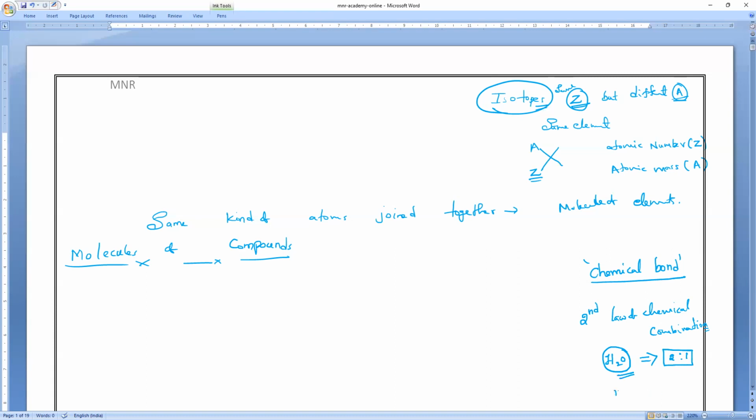And what is the mass ratio of hydrogen and oxygen in water? 1:8. Anywhere in the world, the mass ratio and the elemental ratio, two hydrogens and one oxygen, remain in a fixed proportion.